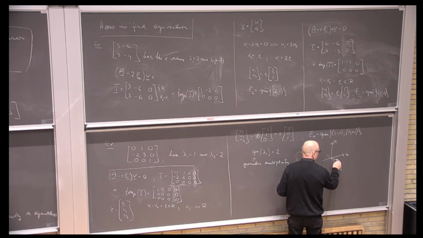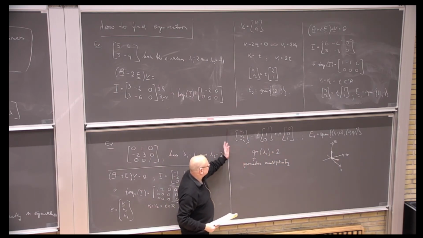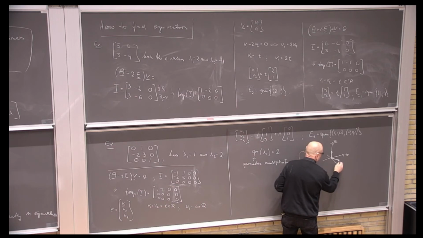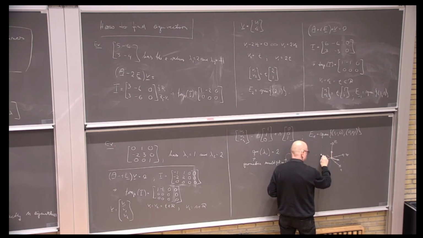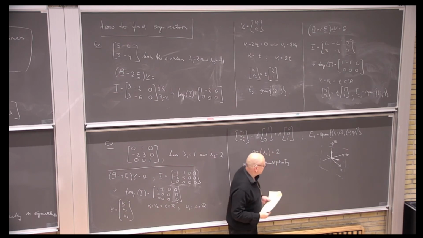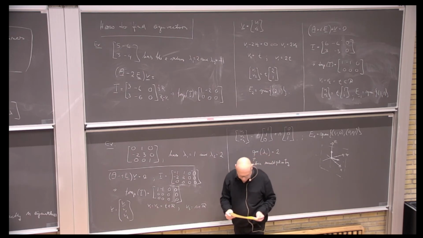So this is the one eigenvector. 0, 0, 1 is another. So this eigenspace E1 is simply spanned by these two vectors. So if I can draw this, you should imagine that this is simply the eigenspace corresponding to lambda equal to 1.